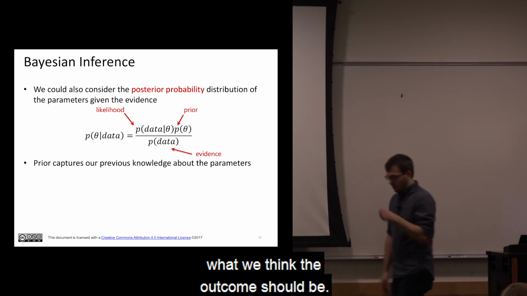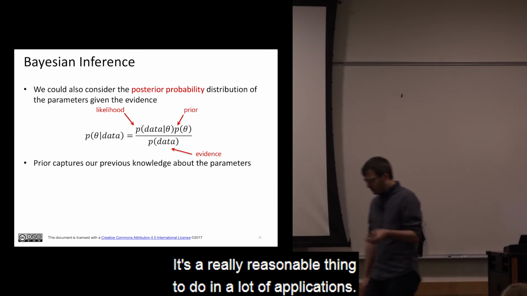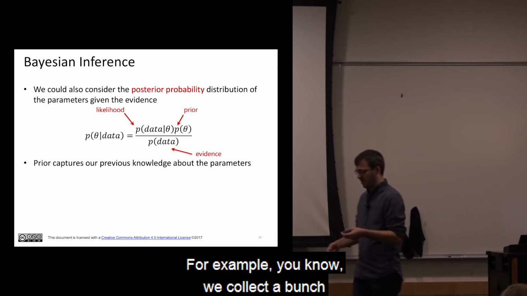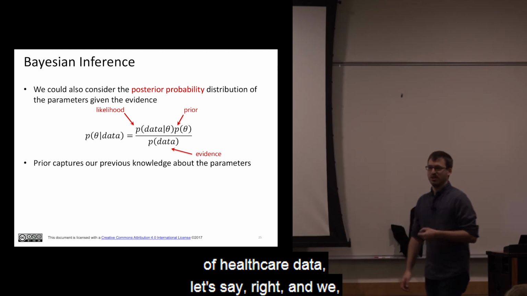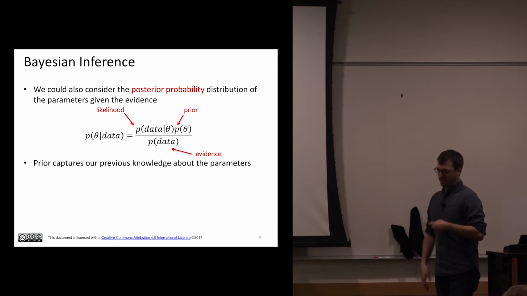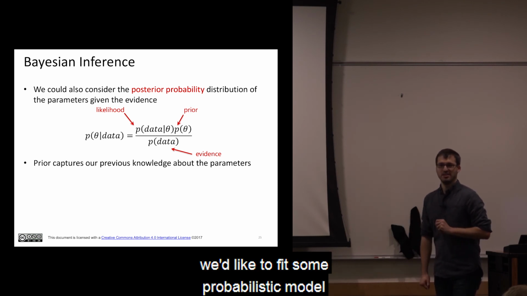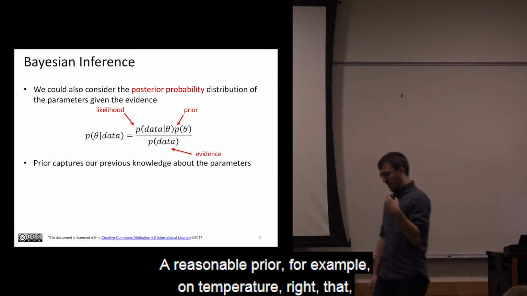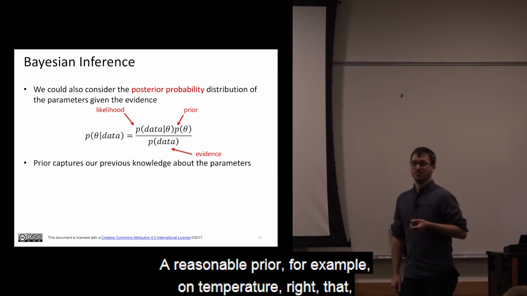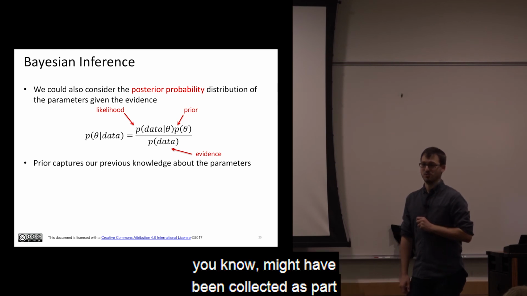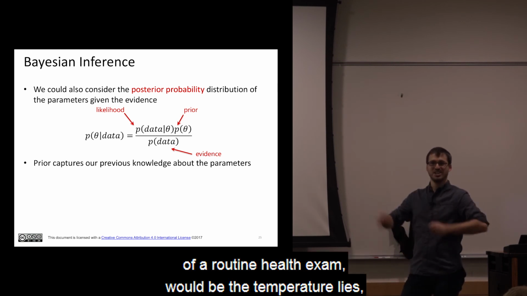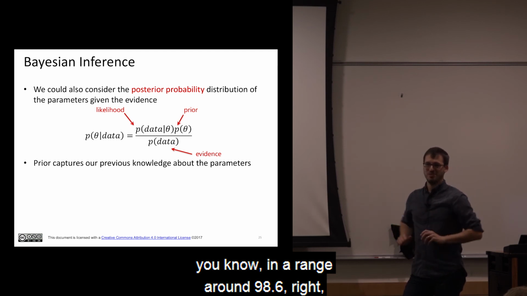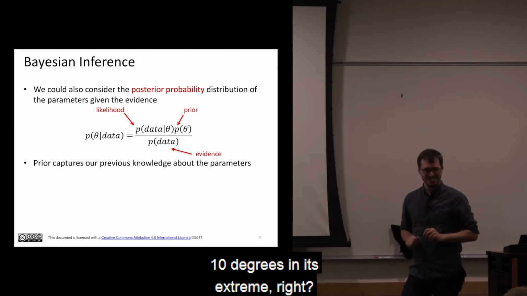It's a really reasonable thing to do in a lot of applications. For example, say we collect a bunch of healthcare data and we'd like to fit some probabilistic model to it. A reasonable prior on temperature, which might have been collected as part of a routine health exam, would be that the temperature lies in a range around 98.6, plus or minus maybe 10 degrees in its extreme.